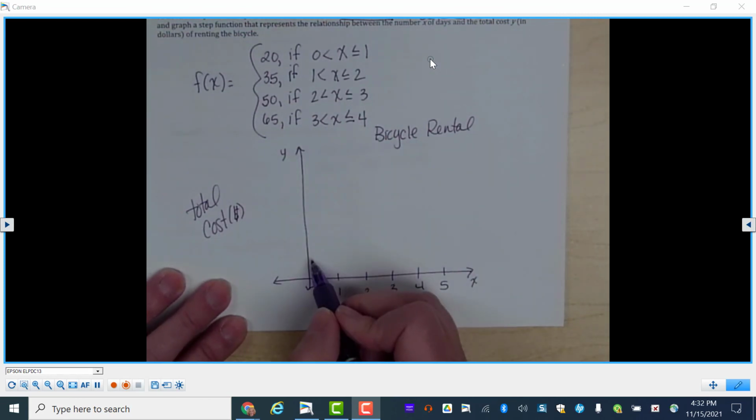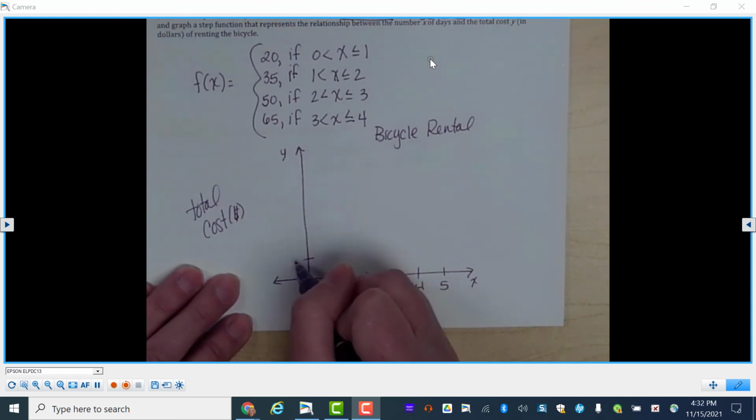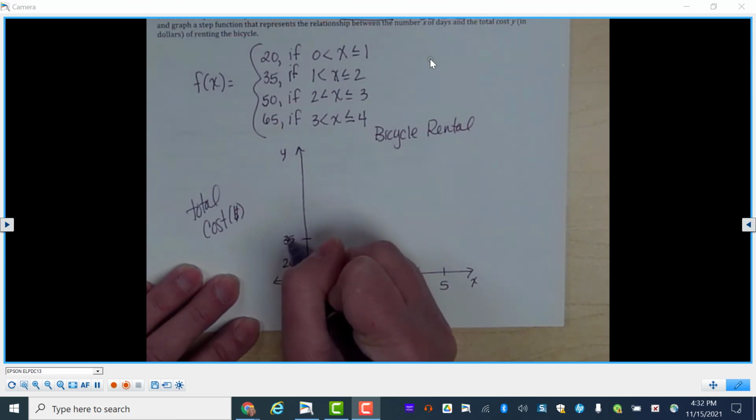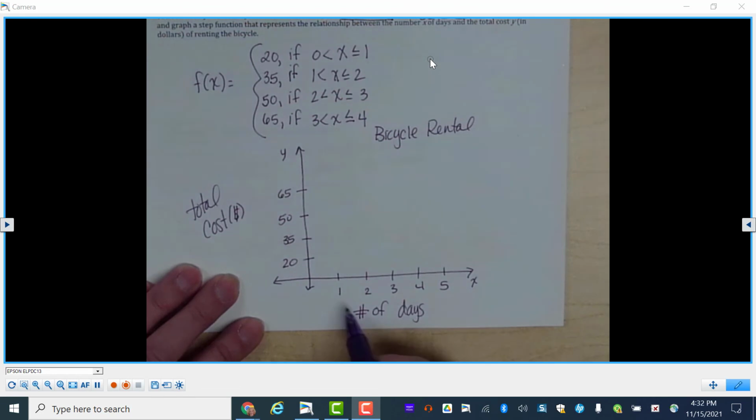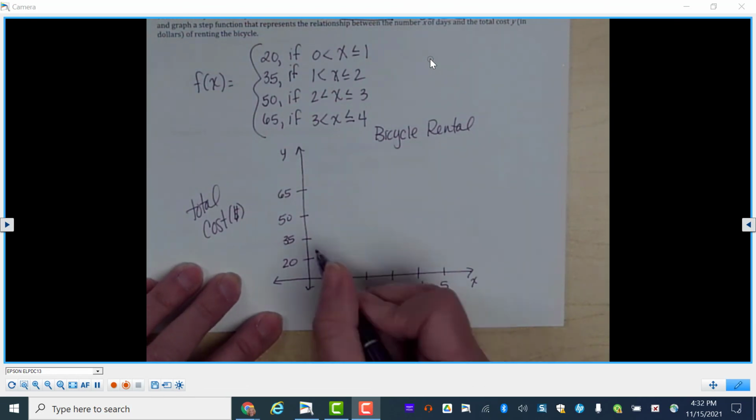I'm probably going to want to start at 20. So I've got 20, 35, 50, 65. Now what does this look like?